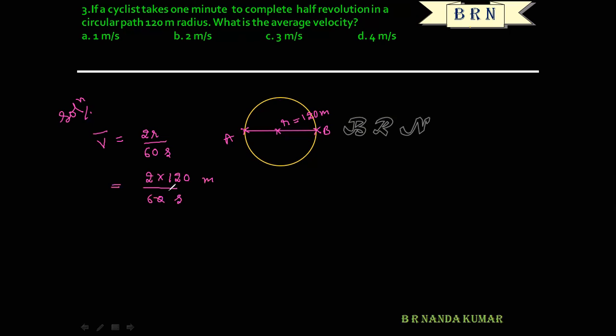So 10 cancels. 6 1s are 6, 2s are 2, 2 into 2 is 4. 4 meter per second. So this is the average velocity of the cyclist. So the right answer is option D, 4 meter per second.